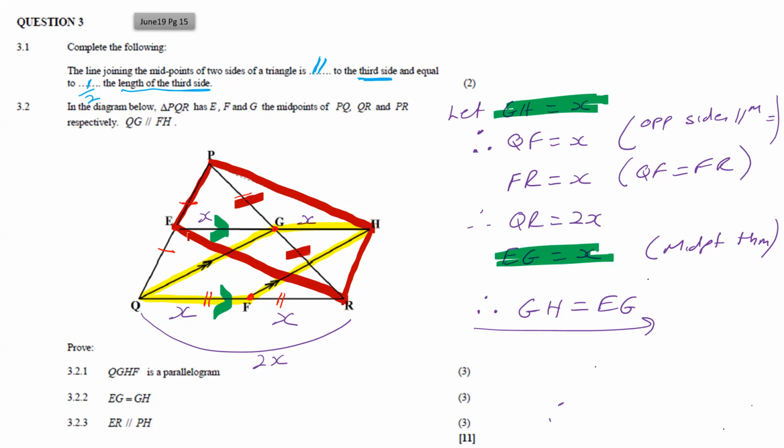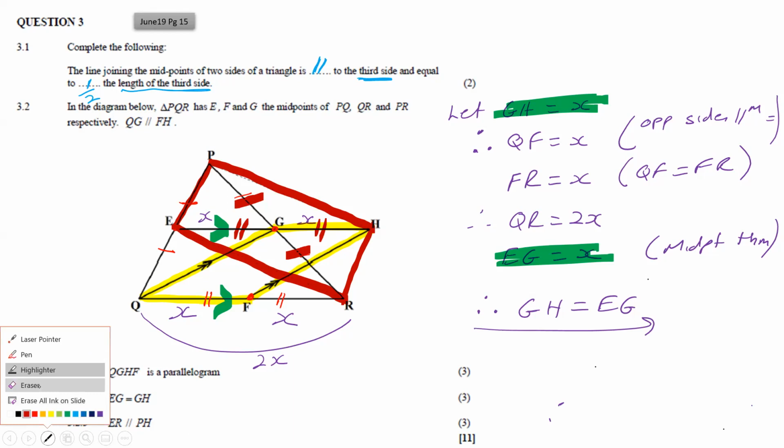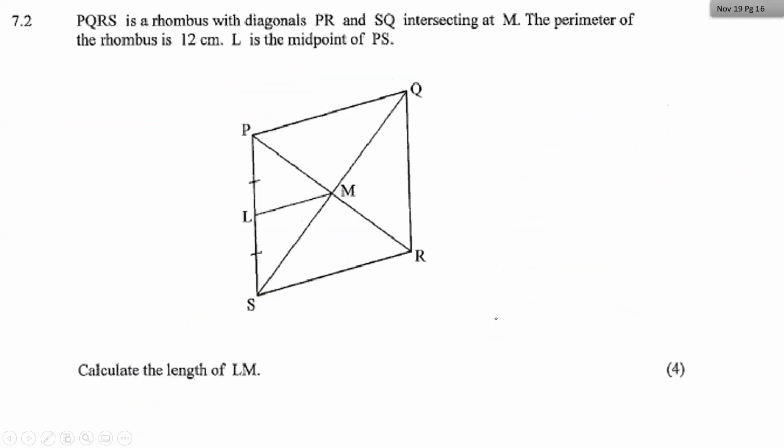But then we just proved EG and GH to be both X. Which means EG is now equal to GH. And you can see that the diagonals are bisecting each other. Therefore, it makes that shape a parallelogram. And if it's a parallelogram, it means that the opposite sides will be parallel. So all we have to do now is write that out.